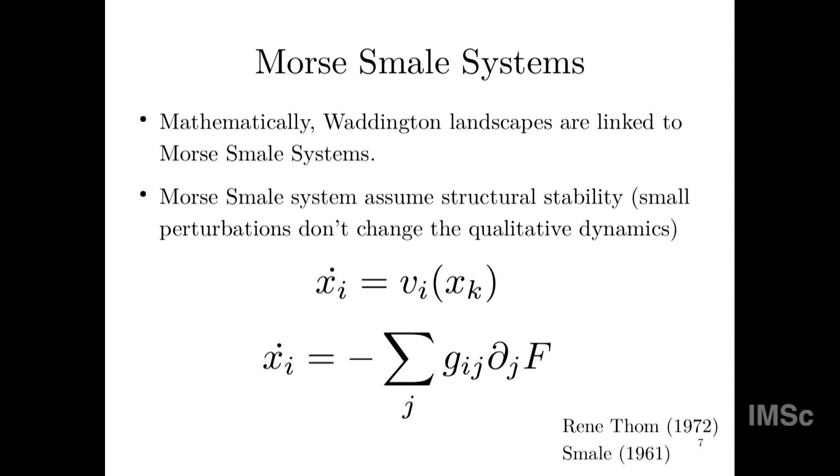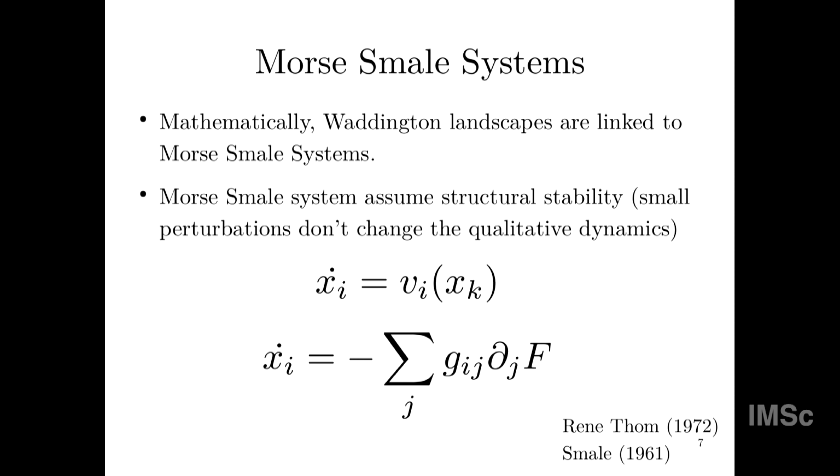Structural stability, very loosely speaking, is the idea that small perturbations don't change the qualitative nature of the dynamics. Your dynamical system remains qualitatively the same if you make arbitrary small perturbations to it. And this is of course linked to the biological idea of robustness, which says that if a biological system is very fine-tuned, then it's intrinsically not robust, and small perturbations will change the behavior.